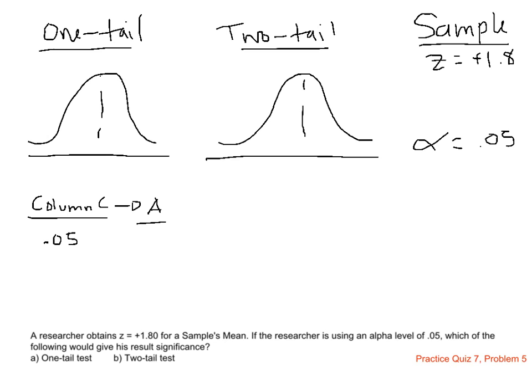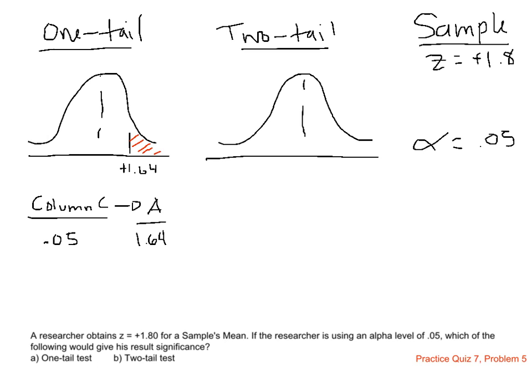And when I look up under column C, 0.05, under A, I get a z-score of 1.64. So here I can use a positive 1.64 since the z-score was a positive 1.8. So I'm going to graph these critical regions here. This critical region, so that's my one-tail critical region. It starts at positive 1.64.